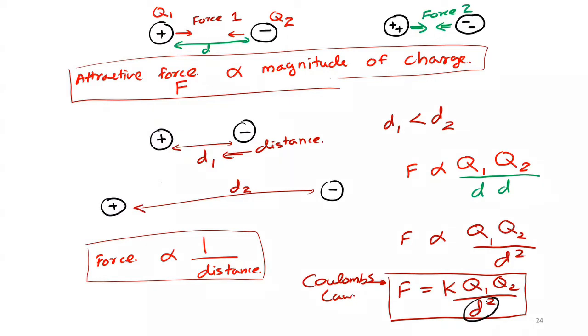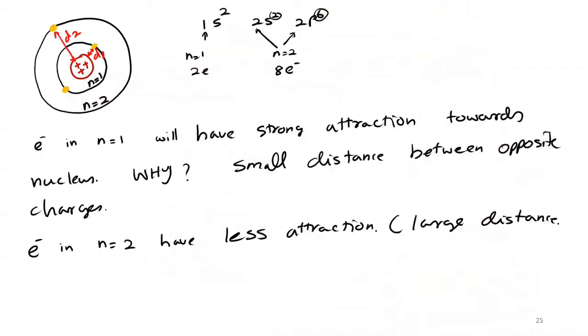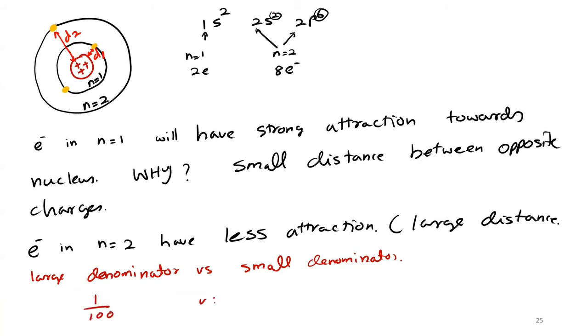So what does that mean when you get a larger denominator? Let's say 1/100 versus 1/10.